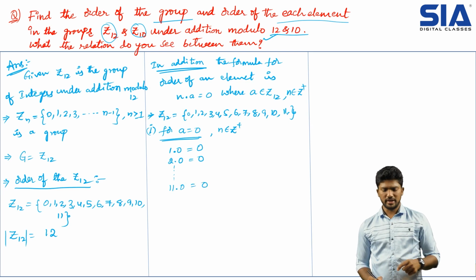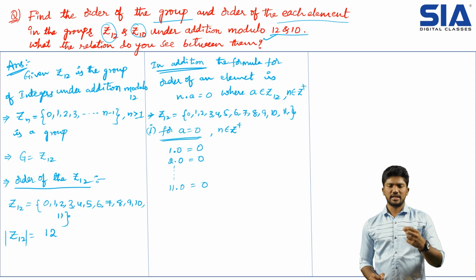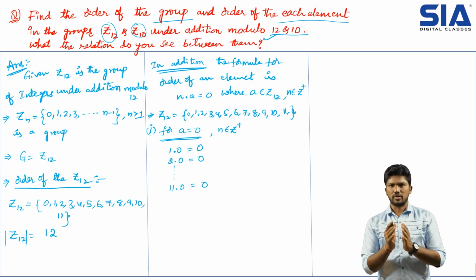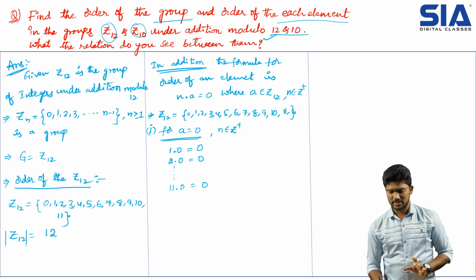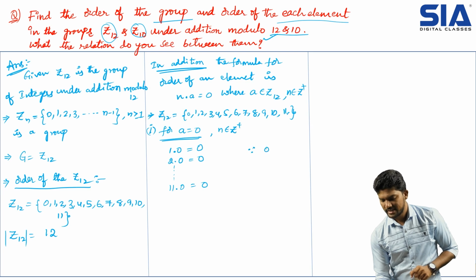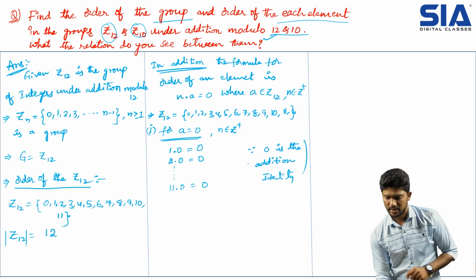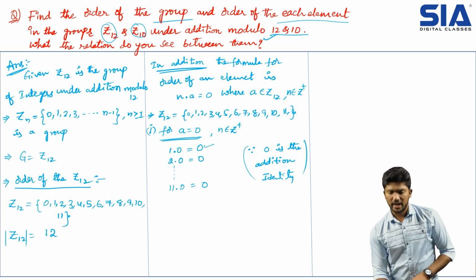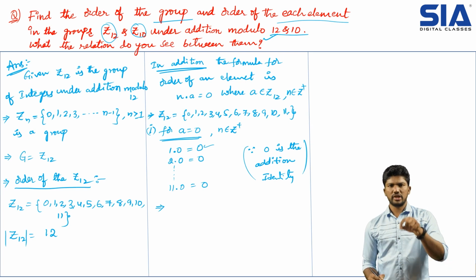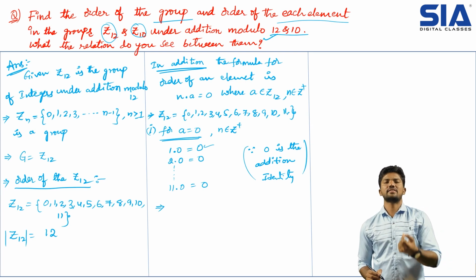For each value n equal to 1, 2, 3 up to 11, a is fixed; the value of a does not change in this process. Therefore, you will get 0. You know very well that 0 is the additive identity, so in the right-hand side we have 0. The least positive integer for which you get the additive identity is the order of the given element.